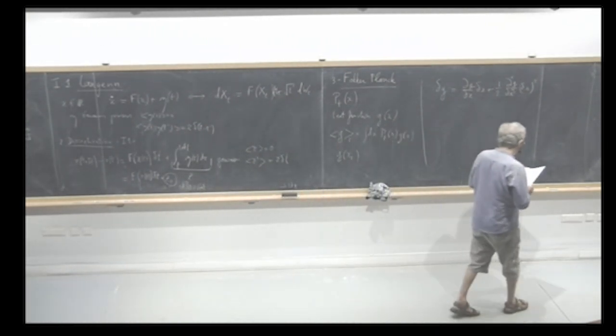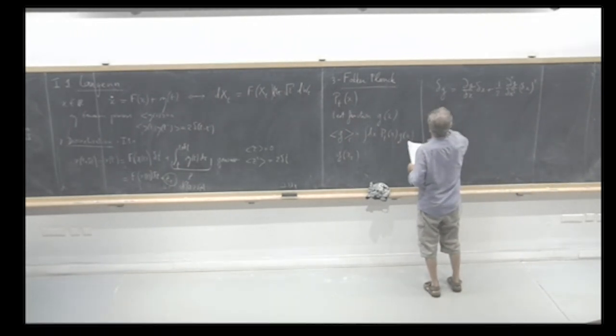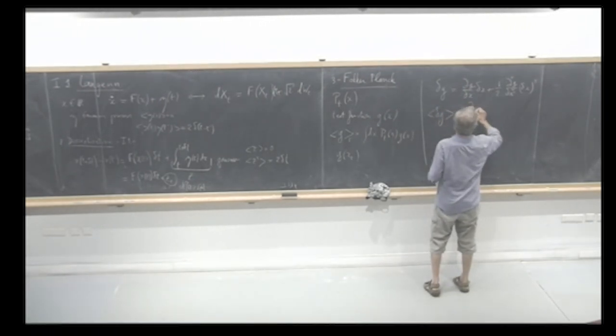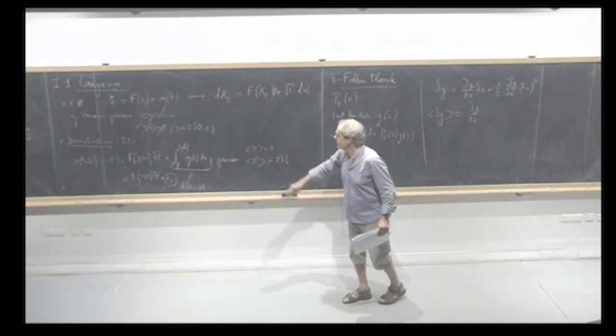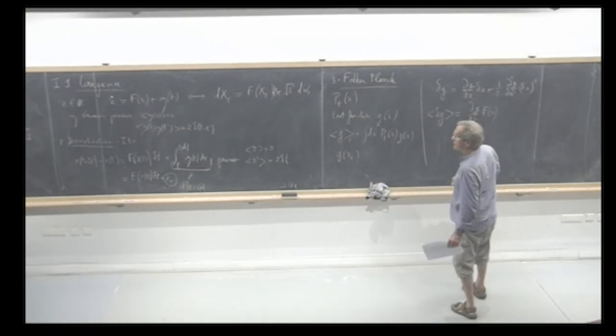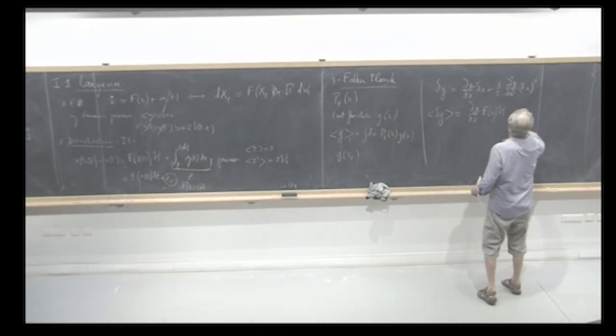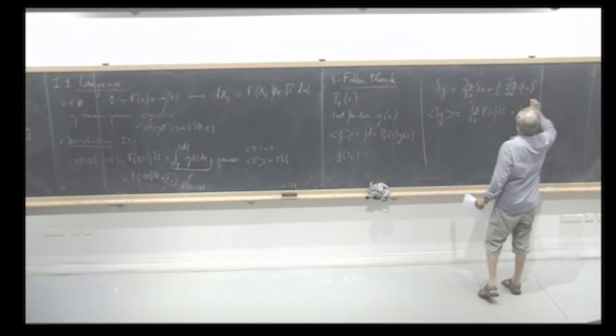Okay. So now I insert here what delta x is, and I find that the expectation value of delta g will be equal to dg dx times the deterministic part of the evolution of x, which is f of x delta t, plus 1/2 d2g dx square.